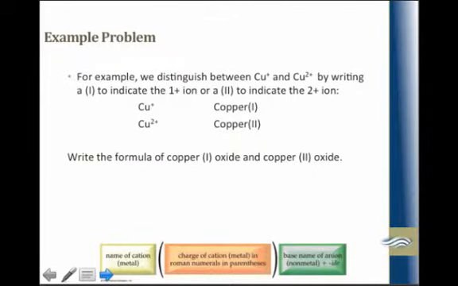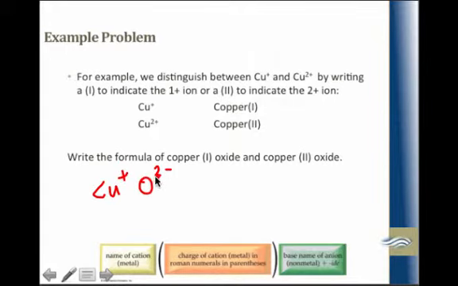Let's get to naming these compounds. If we had copper, it can be copper 1 or copper 2, depending on if it's the +1 or the +2. If we were to write the formula for copper 1 oxide, we would write it with a copper 1+ combining with an O2-.